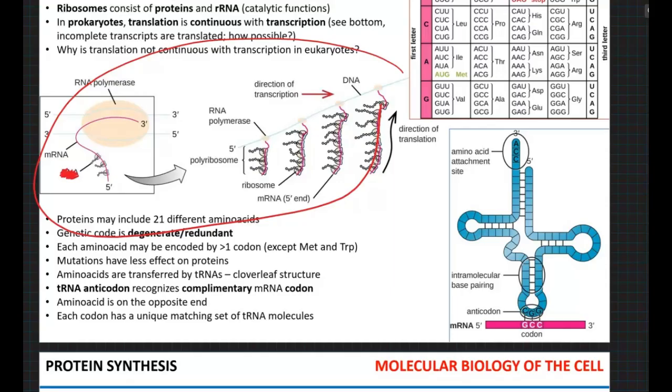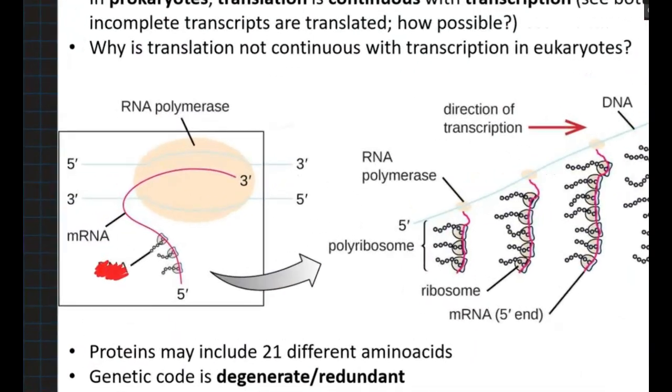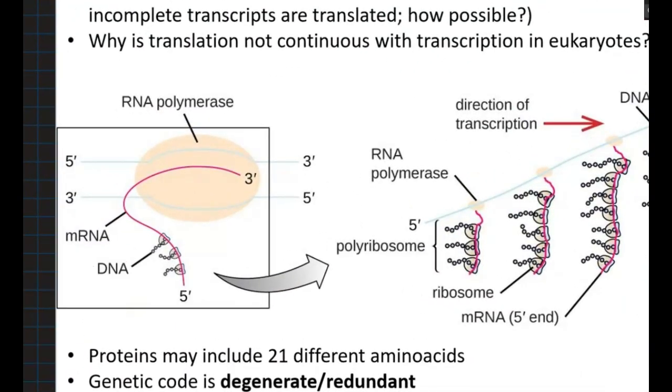Okay? So, let's take a look at this image first. The one on the left, okay? So this egg-shaped structure is RNA polymerase. These faint blue lines are DNA.